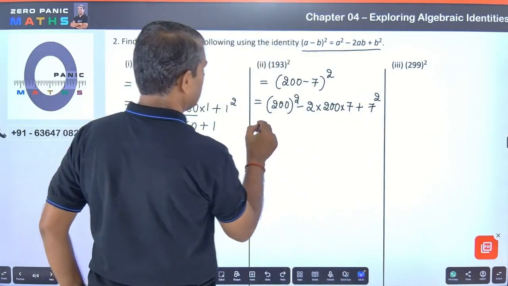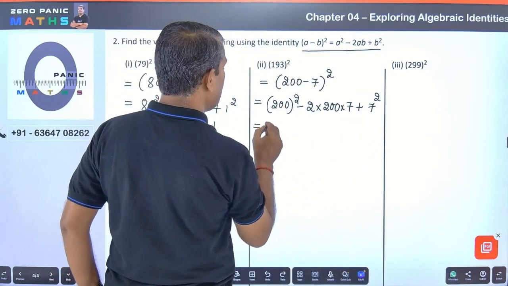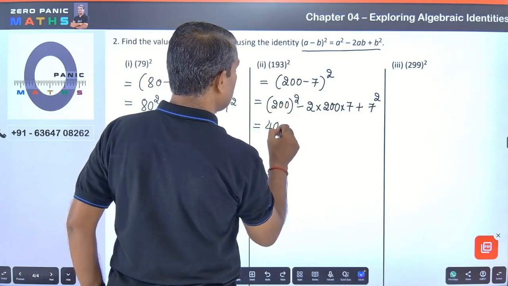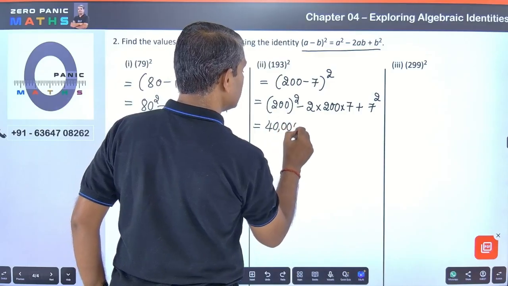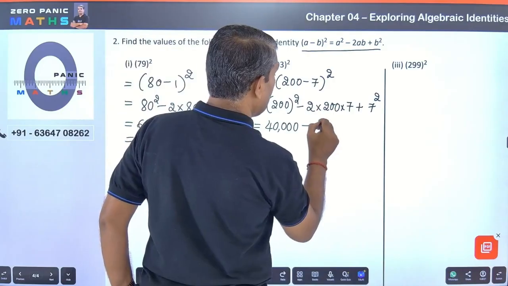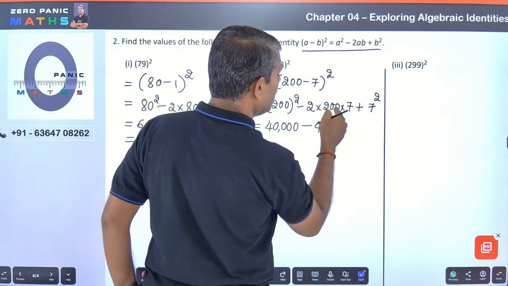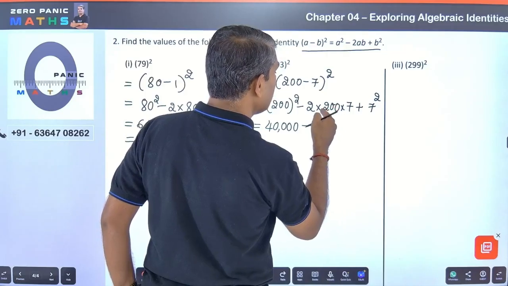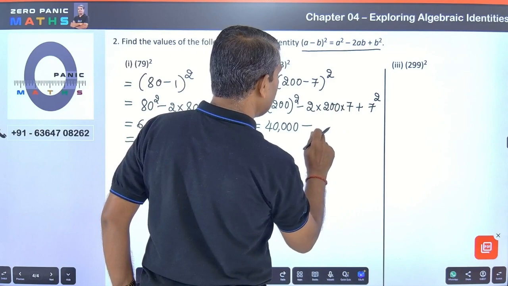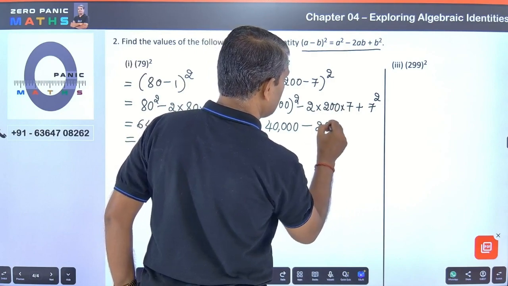Later we can do that. Again, 2 2s are 4. But there are already 2 zeros, so that will make it 4 zeros, which is 40,000. Minus 2 2s are 4 followed by 2 zeros, that is 400, or you can say 2 2s are 4, 4 7s are 28 followed by 2 zeros.